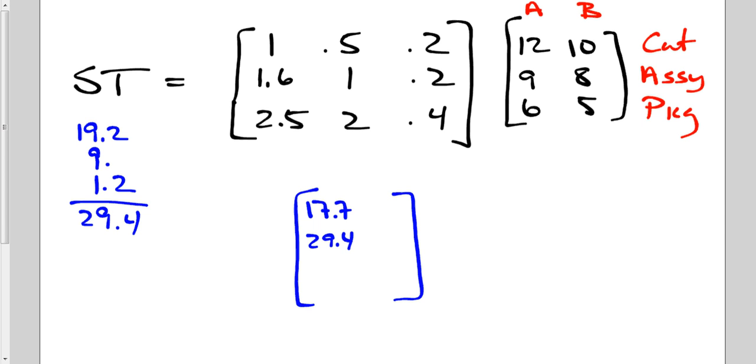I can do that. That is 30. So 30 plus 9 times 2, which is 18, and 6 times 0.4, that would be 2.4. So 50.4.